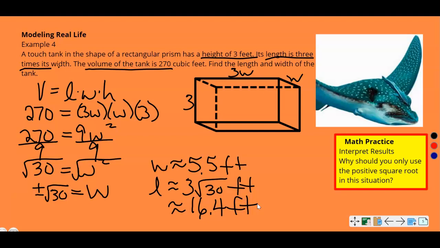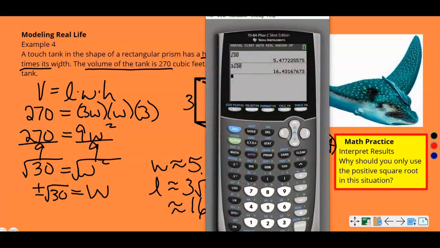And you can check your answer by saying, does 3 times 5.5 times 16.4, is that about 270? And the reason I said about, because we rounded these two, it may be slightly off, but it should be very, very close if we got the right answer.